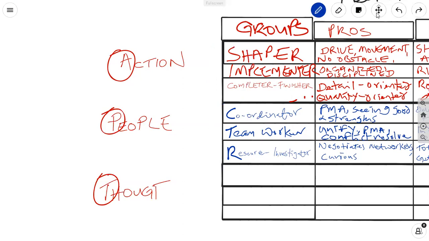Third group, if you are a project manager, project management requires a lot of thought, a lot of organization, but a lot of thought. So you need a project management system to get your stuff done. So just remember that. Thought, project management system.